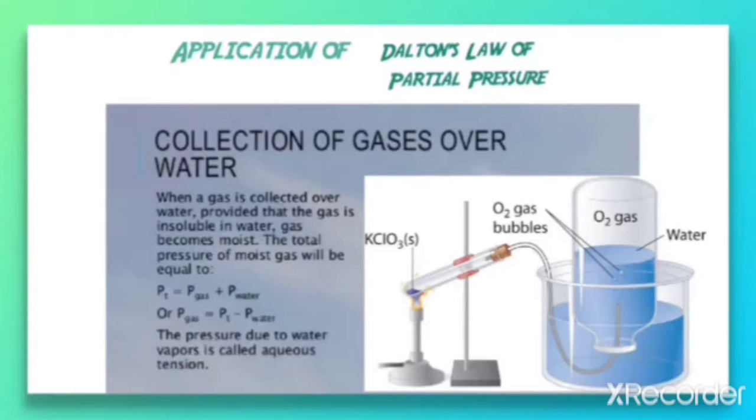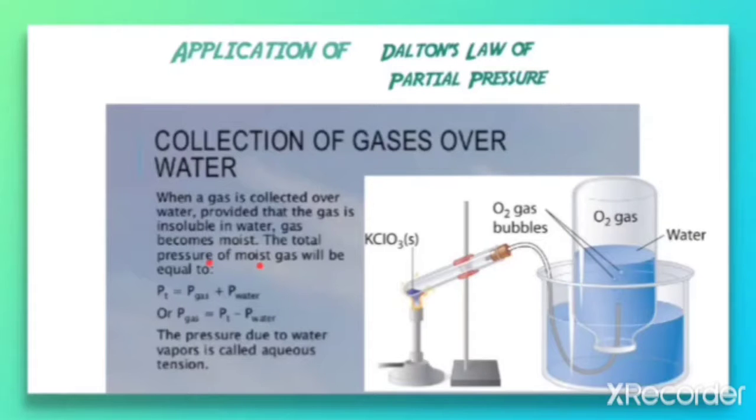An application of Dalton's law of partial pressure is the collection of gases over water. When a gas is collected over water, provided the gas is insoluble in water, the gas becomes moist. The total pressure of the moist gas is P total equal to P gas plus P water.